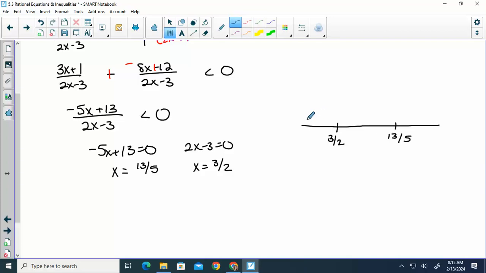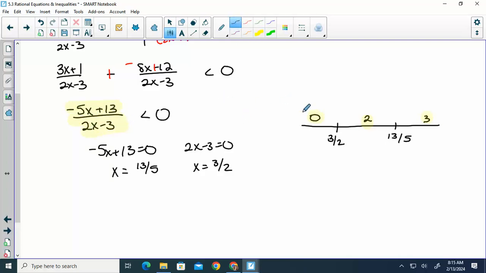All right, test points. Smaller than 3 halves, so maybe a 0. In between 3 halves and 13 fifths, so maybe a 2. Bigger than 13 fifths, maybe 3. And we're taking those numbers, putting them into this fraction to decide positive or negative.